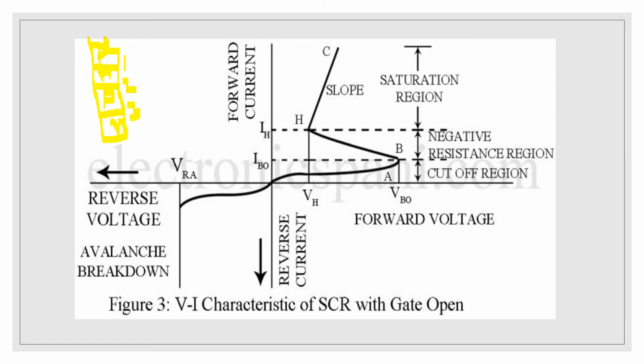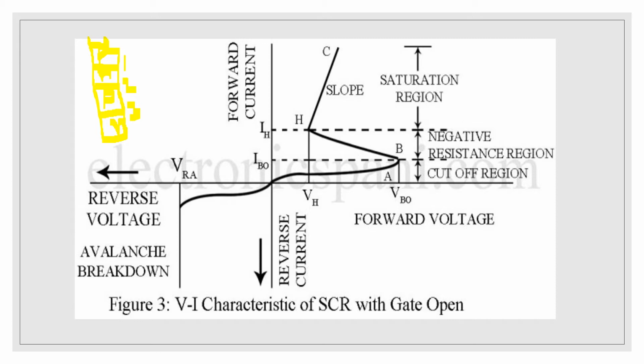Here you can see the forward voltage applied on this side, reverse voltage applied on this side, and forward current flowing on this side, reverse current flowing on the other side. Now, as we have studied previously, if anode to cathode is made negative, then the reverse current will flow through the device, and this reverse current is small enough.